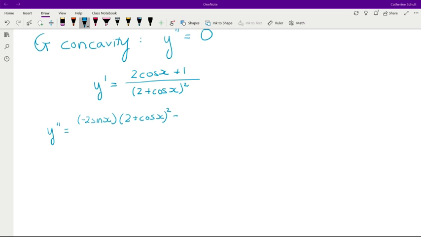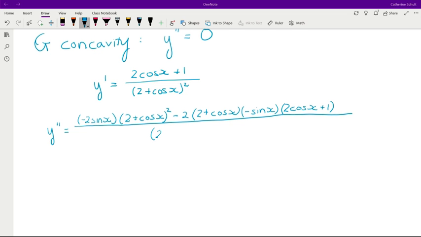Derivative of the bottom, so take the derivative of the outside function first, times the derivative of the inside function, times the top function. I remembered this time. And then that goes over the bottom squared. And if we square a square, we get a fourth. So squared squared becomes a fourth.